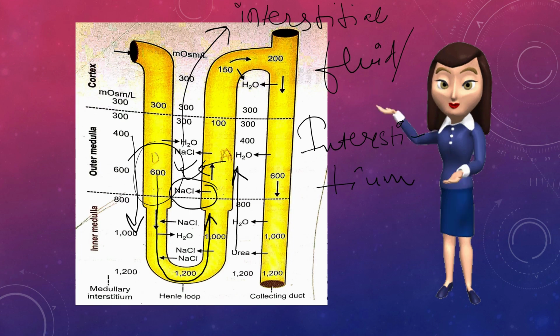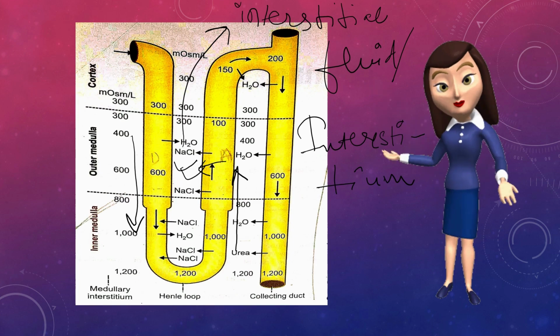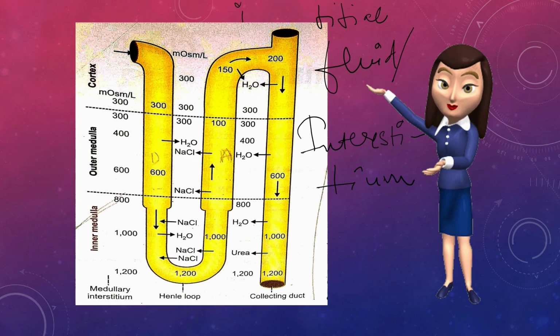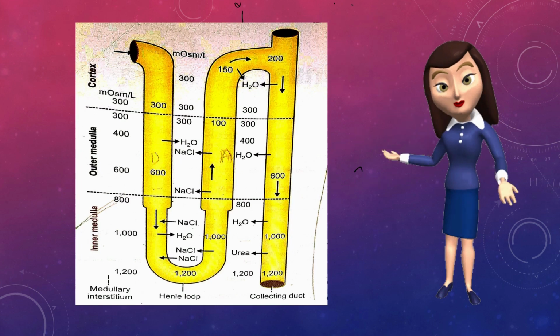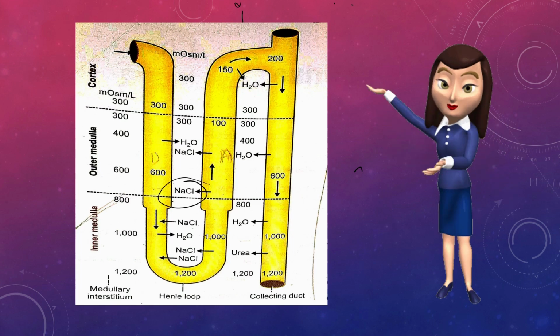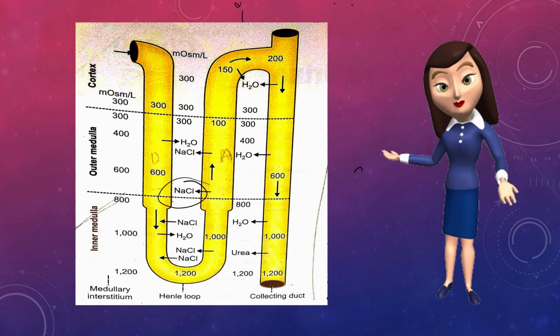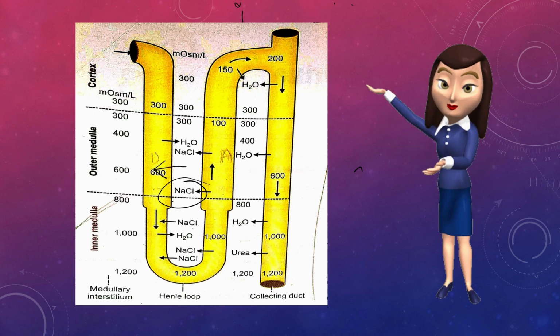Correct? Now what happens? After moving into the interstitium, due to the concentration gradient, these sodium chloride ions will move from the interstitium to the descending loop of Henle, right?